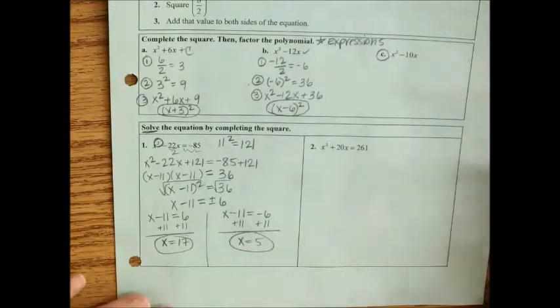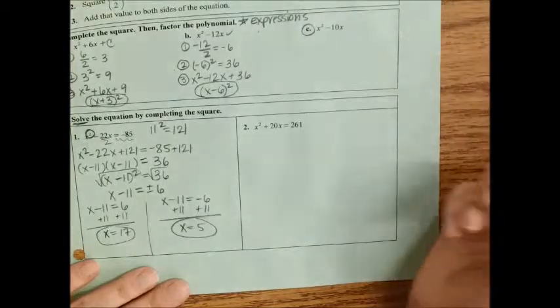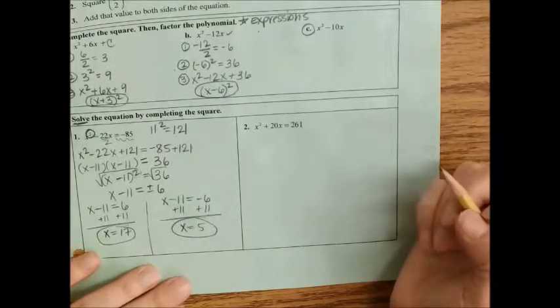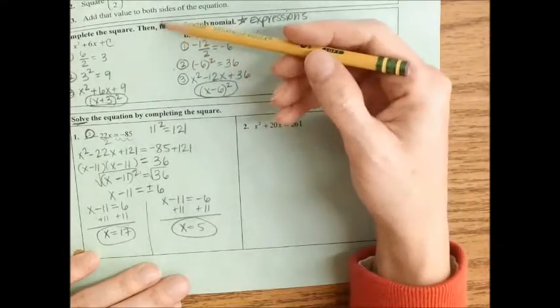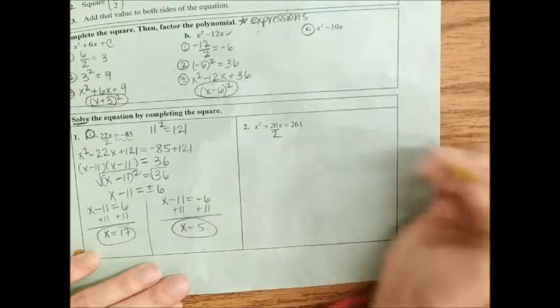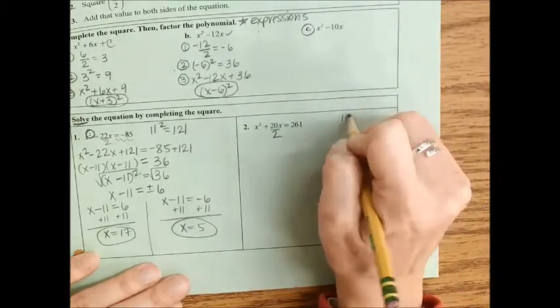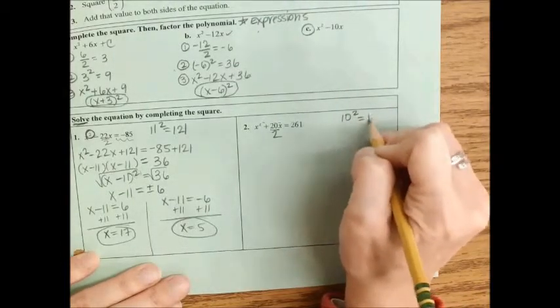Okay, let's try this again for number 2. For number 2, I am going to start with completing the square, going through what we did up here. So I'm going to take my b and divide by 2. When I divide by 2, I get 10. Then, step 2, I square it. When I square it, I get 100.